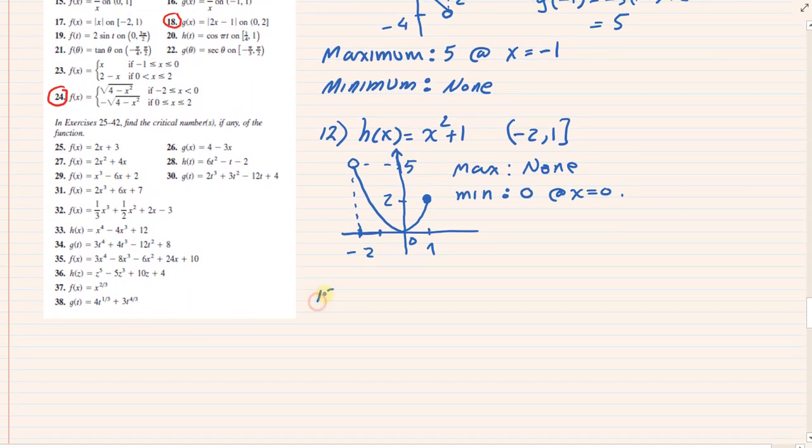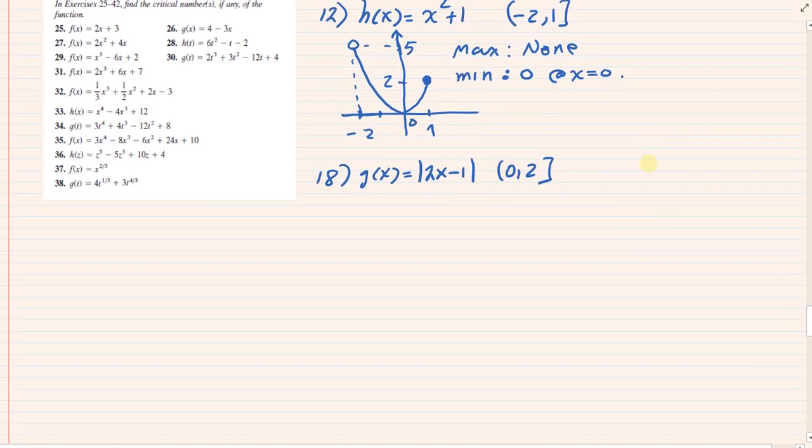In number 18, for instance, we have g of x equals absolute value of 2x minus 1 on the interval from 0 to 2.